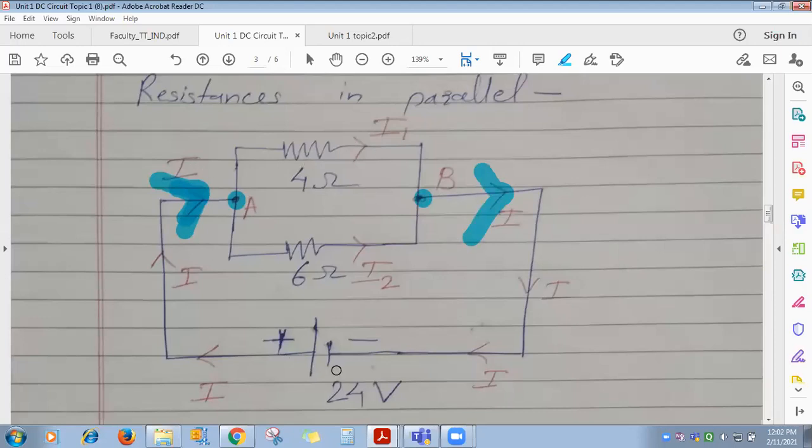Now, if you observe here, 24 volt is the battery connected in the circuit. Its polarity is marked. Now, we will use the conventional direction of flow of current. This is the total current.